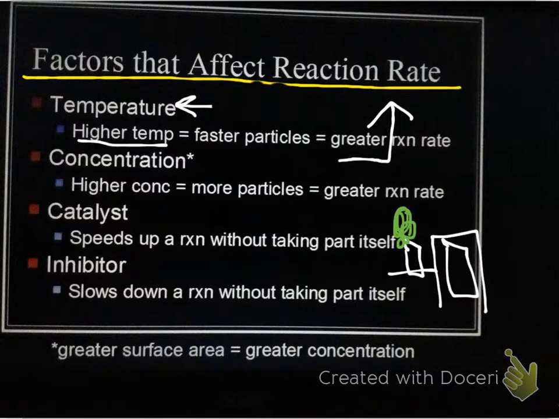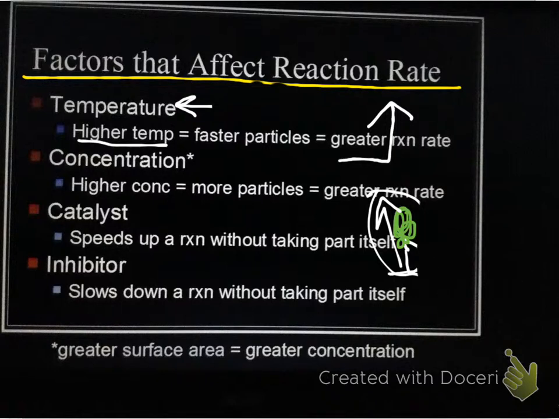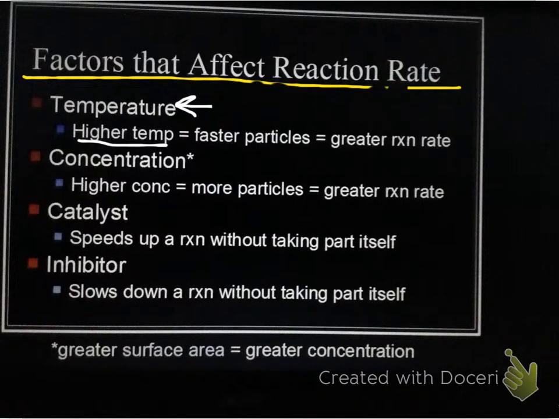The only difference between those two instances is the temperature on the counter is higher, where the temperature in the refrigerator is lower. So that increased temperature speeds up the particles and makes it more likely to react, and in the case of milk, decompose and break down and rot. So that's why you get that smell of rotting milk.